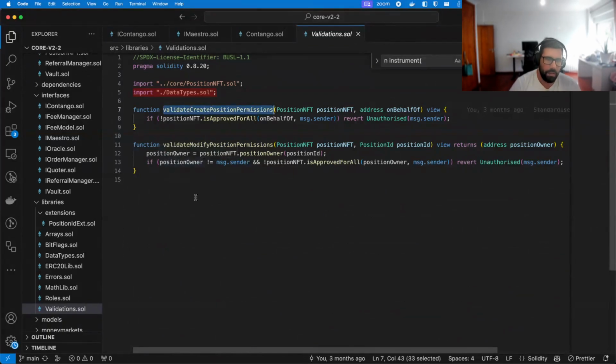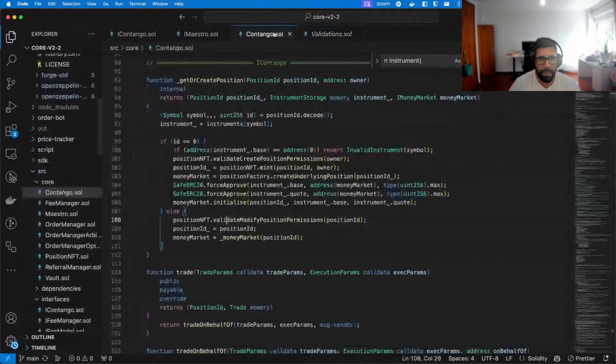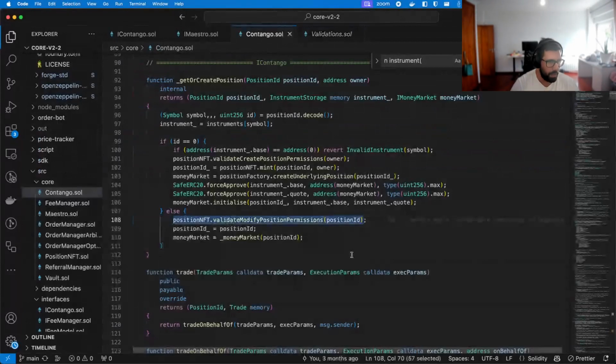We abstracted it like this because A, again, code reading like a book. B, because we use this in a bunch of places. And C, because it's really nice to say, hey, NFT, please verify this position ID for me. It increased code readability quite a bit in my opinion.